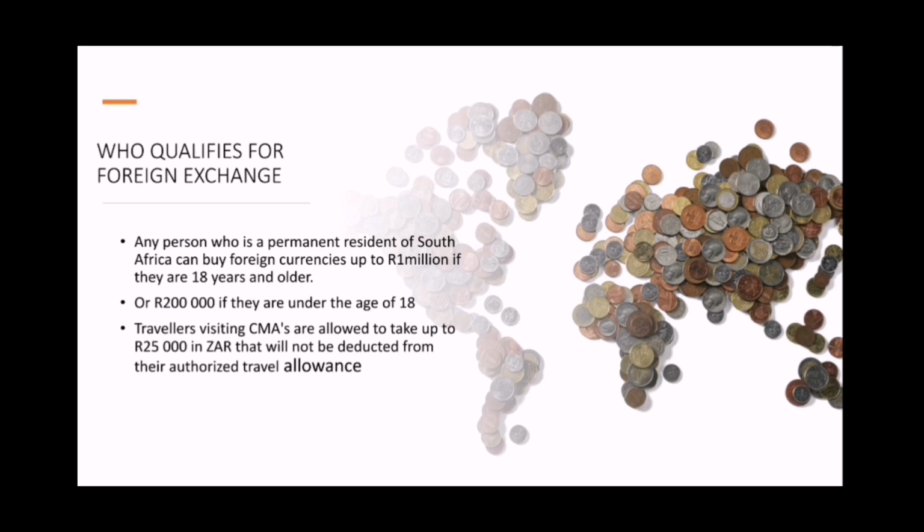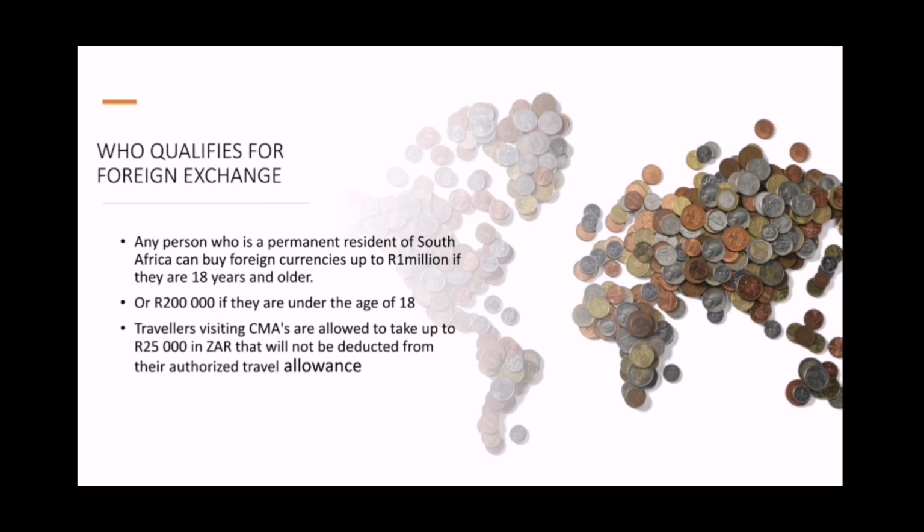This can also be cut up to meet the needs of the traveler. So for example, if you are traveling 5 times in a year to a foreign destination, then you will take maybe 50,000 and still be left over with 50,000 rand after your trips.